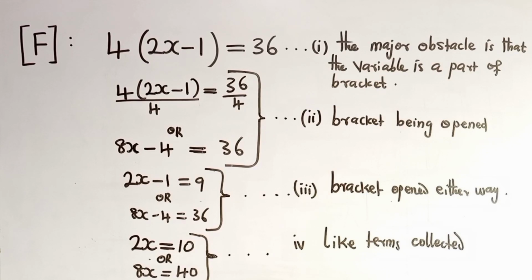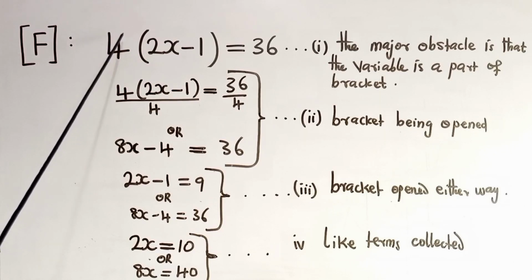To open a bracket, there is just one thing you have to bear in mind. What is it? Whenever the coefficient of a bracket is equal to 1, then the bracket is as good as opened. Whenever a bracket has 1 as its coefficient, irrespective of the contents of the bracket, it is considered open.